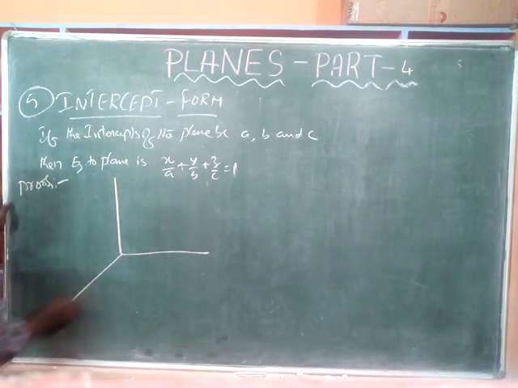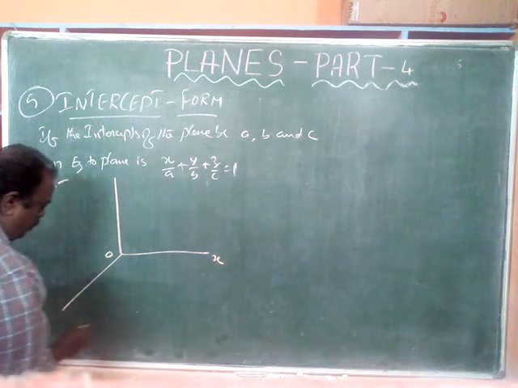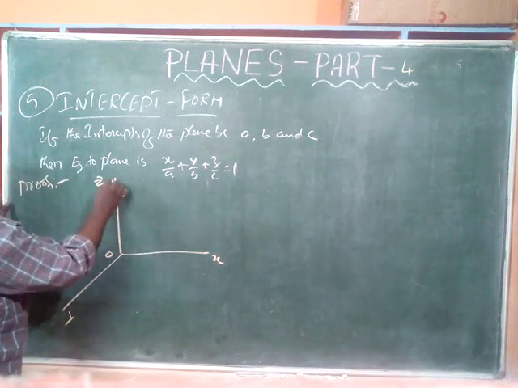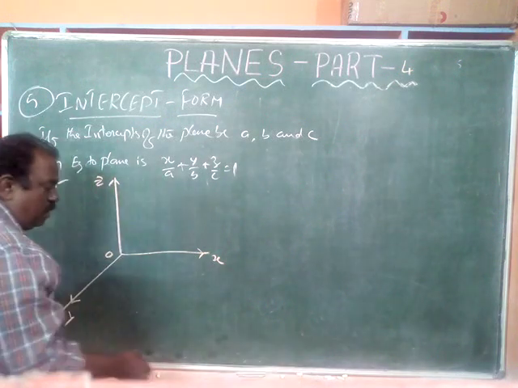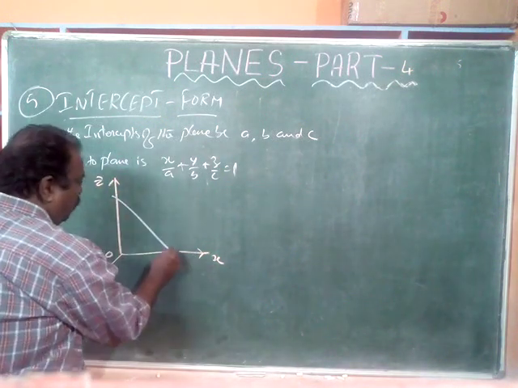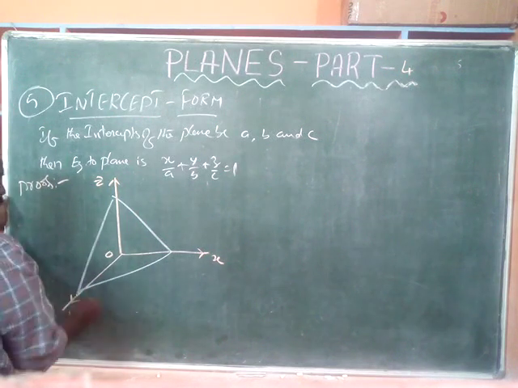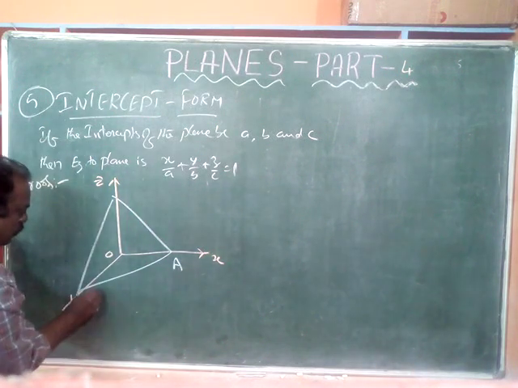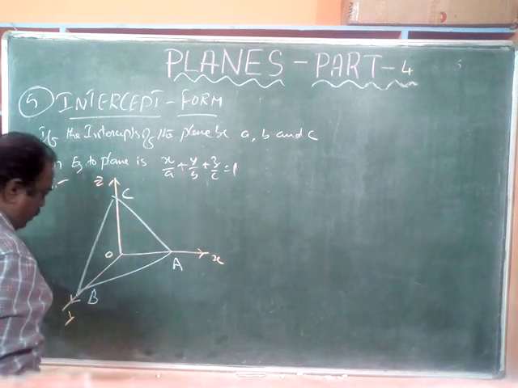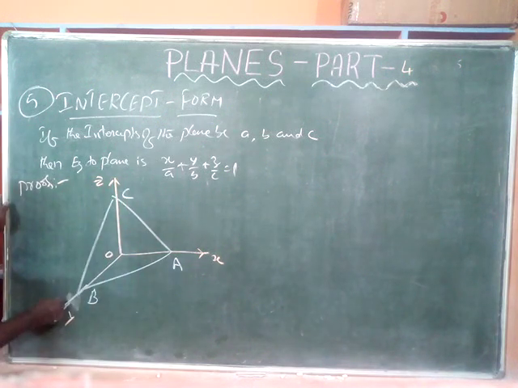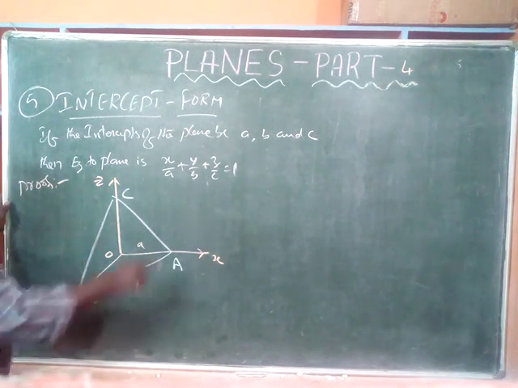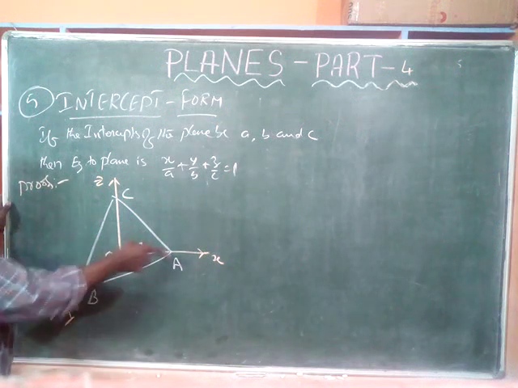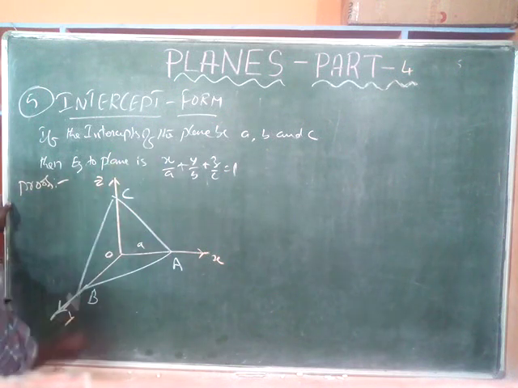Suppose this is the x-axis, y-axis, z-axis and origin. Now a plane is like this. Suppose the plane cuts the x-axis at A, the y-axis at B and the z-axis at C. This is the intercept A, where the plane cuts the x-axis; the distance from the origin to that point is the x-intercept, that is a.